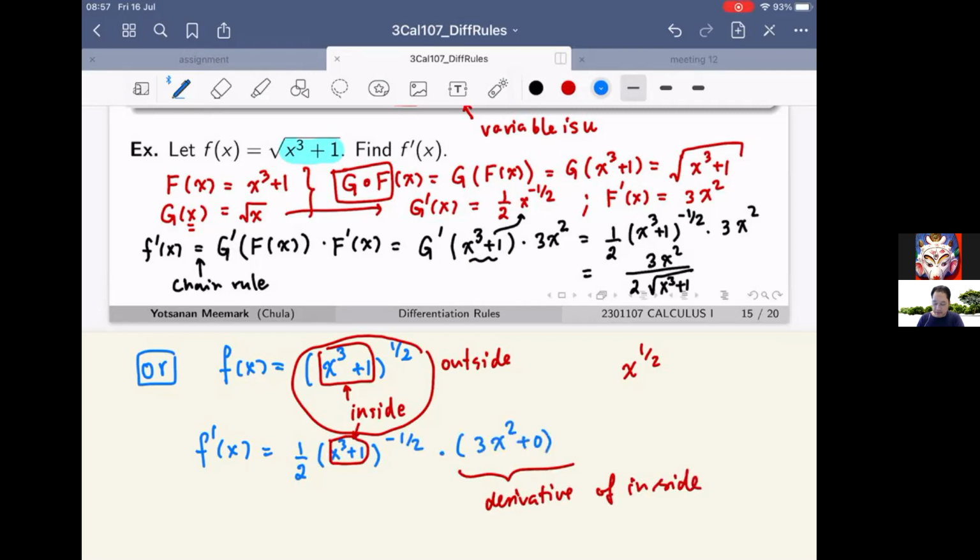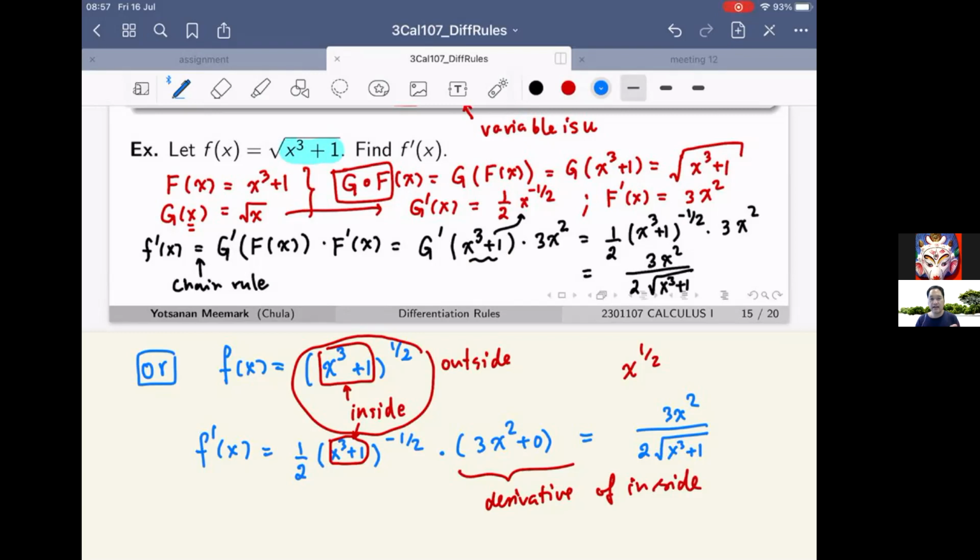So you end up with the same thing, which is 3x squared over 2 square root of x cubed plus 1. So this is how we usually work with the chain rule if we encounter this kind of complicated function.